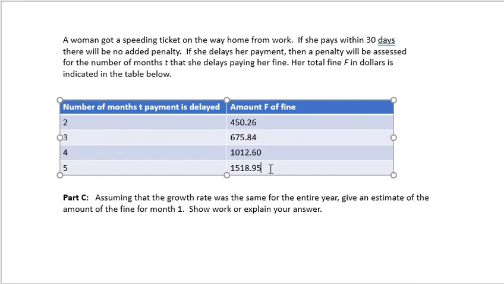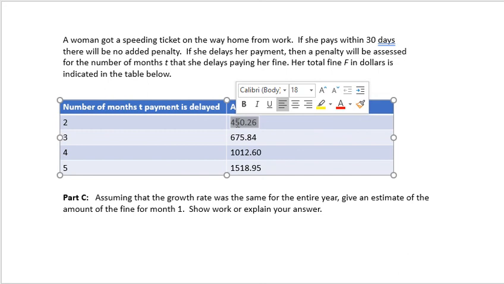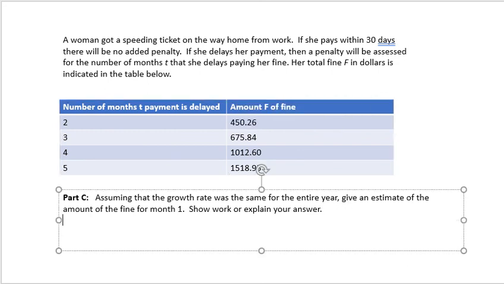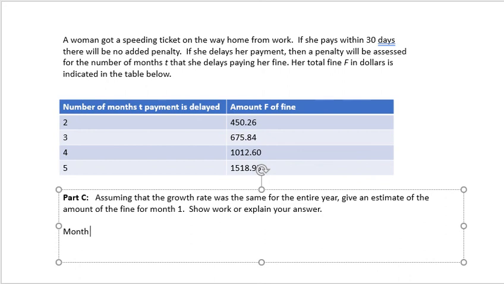But if I want to go backwards, we know that the inverse operation of multiplication is division. So if I want to go to month number 1, I could just take this amount and divide it by 1.5, and that's going to tell me how much I owe in month number 1. So month number 1 would equal 450.26 divided by my growth rate of 1.5.